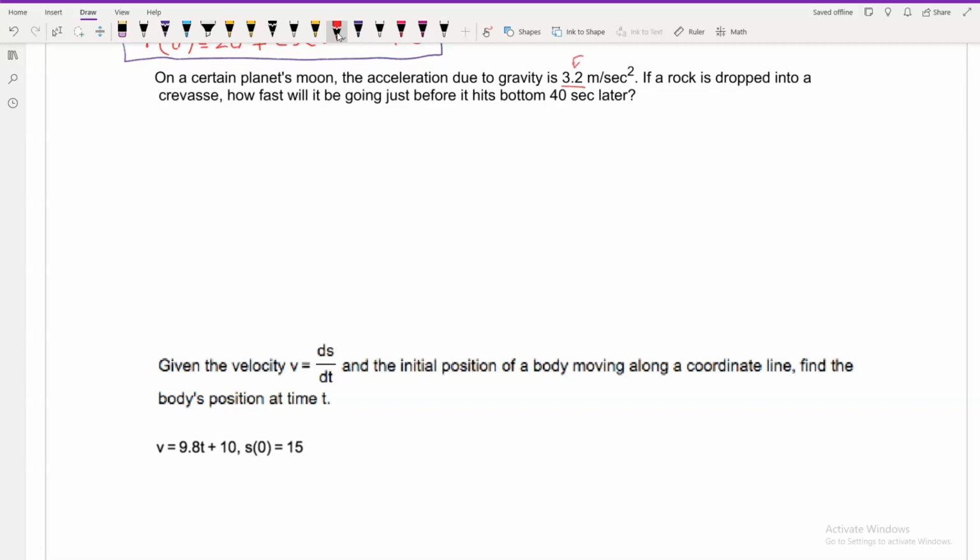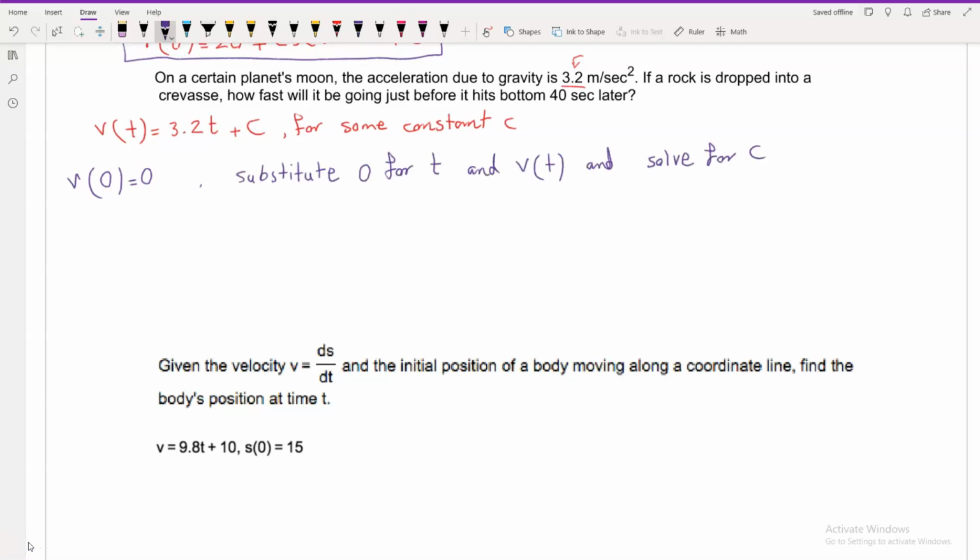So we're going to have v of t equal to 3.2 times t plus c for a constant. Because the rock is initially at rest, v of 0 is equal to 0. So we have to substitute 0 for t in v of t and solve for c.